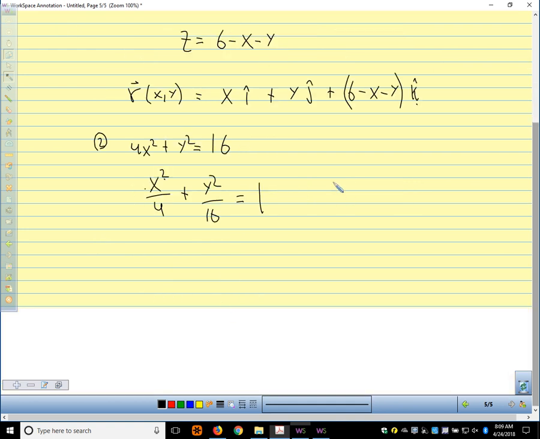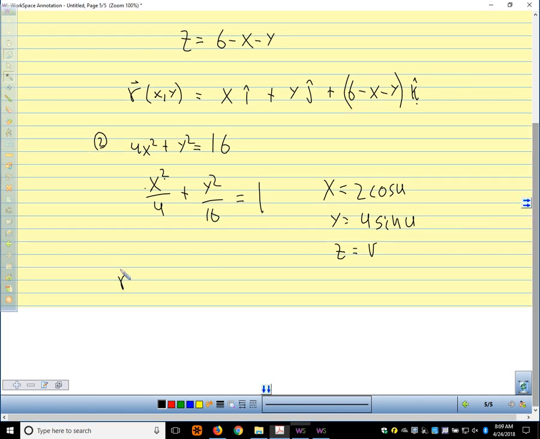So what are we going to let x equal? 2 cosine u, y equals 4 sine u, and z equals v. And then we get this relationship between x squared and y squared that we want. Z can be anything.